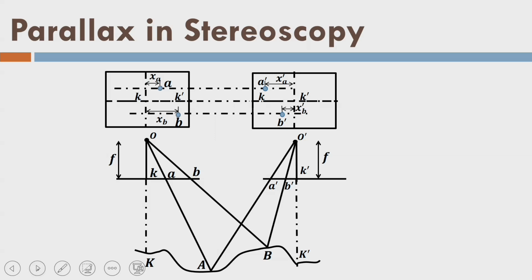You can see here that XA and XB are positive in left image, but XA dash and XB dash are negative because they are on the left hand side of this. So, this is my coordinate axis here. Let us see x dash, y dash, and this coordinate axis here is x and y.